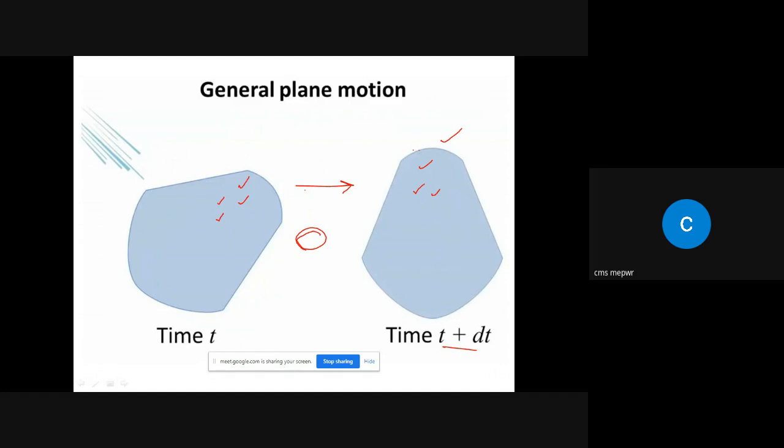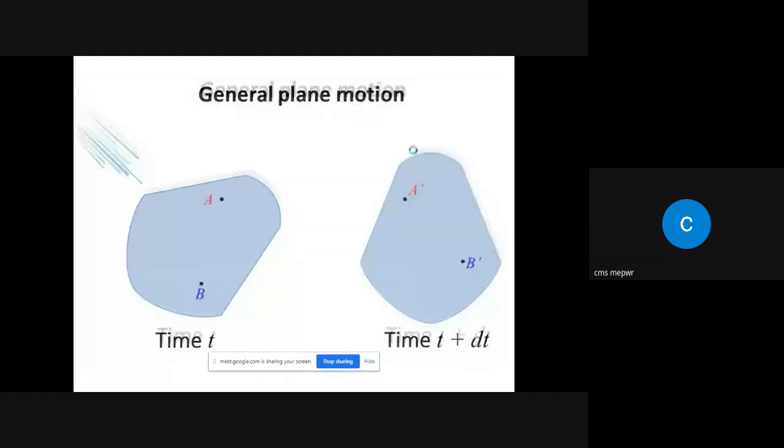Now to analyze that general plane motion, let us consider any two points, point A and point B, on this rigid body. At time t, both these points had some specific position which we marked over here. Now let's say the object moved by exhibiting a general plane motion, and that motion can be clockwise or even anti-clockwise.